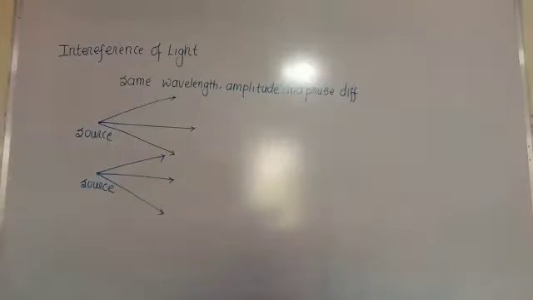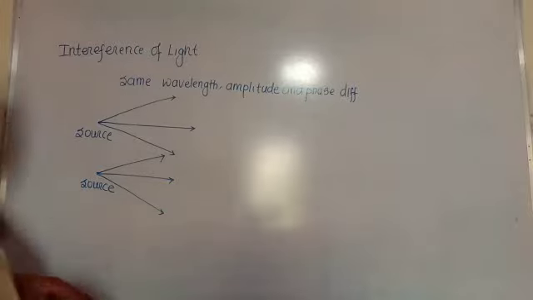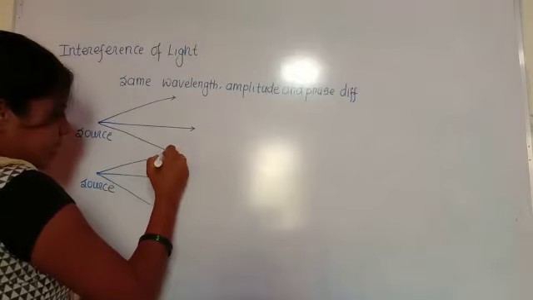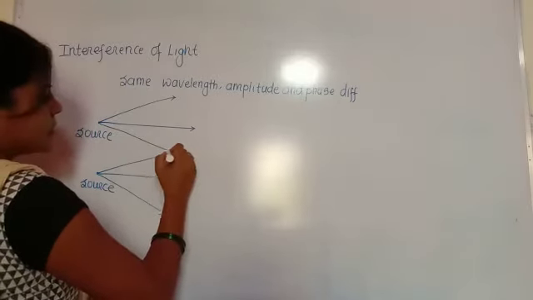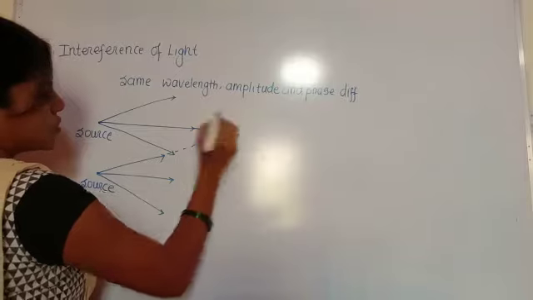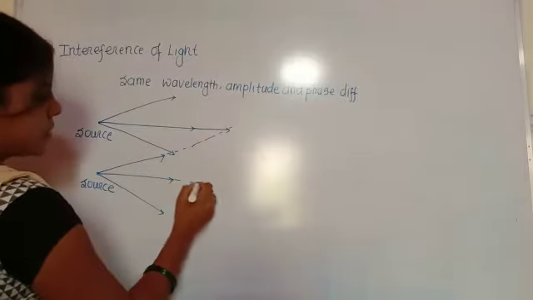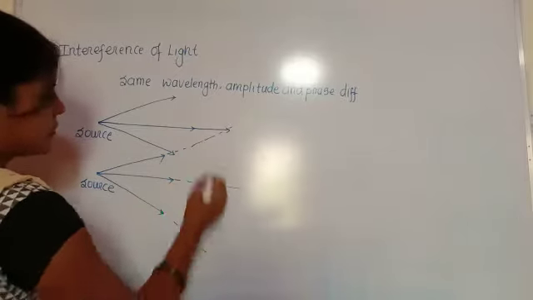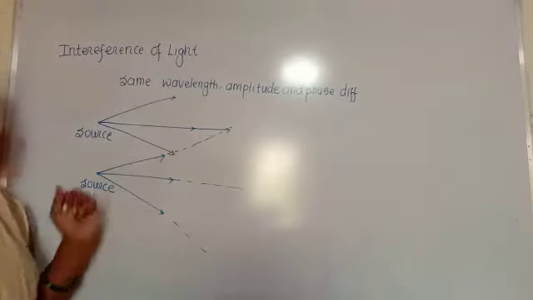Why? Because bright and dark regions are observed, because these two sources interfere with each other. This is the interference. Here also interference, here also interference, and an interference pattern is formed.